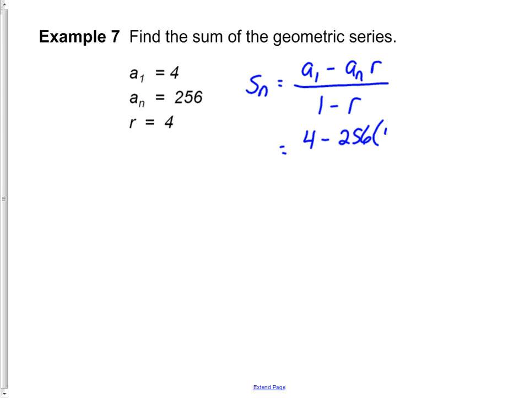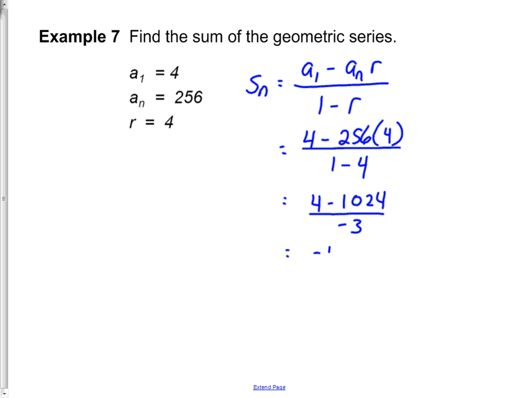R is that common ratio, which is 4, divided by 1 minus 4. So now 4 times 256. That should give me 1024, so 4 minus 1024 divided by negative 3.